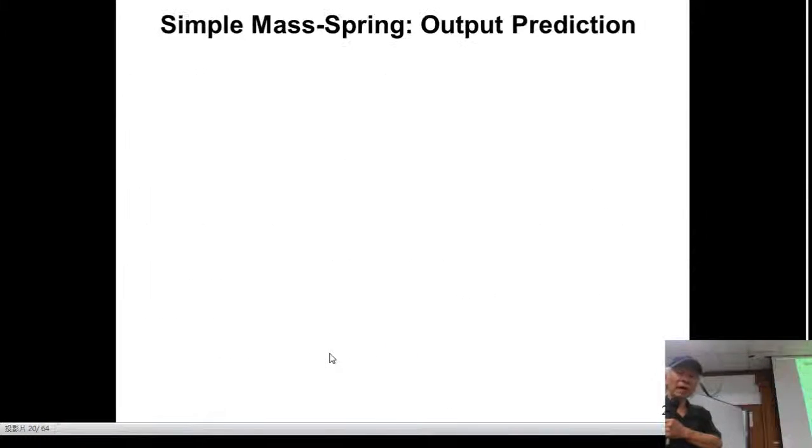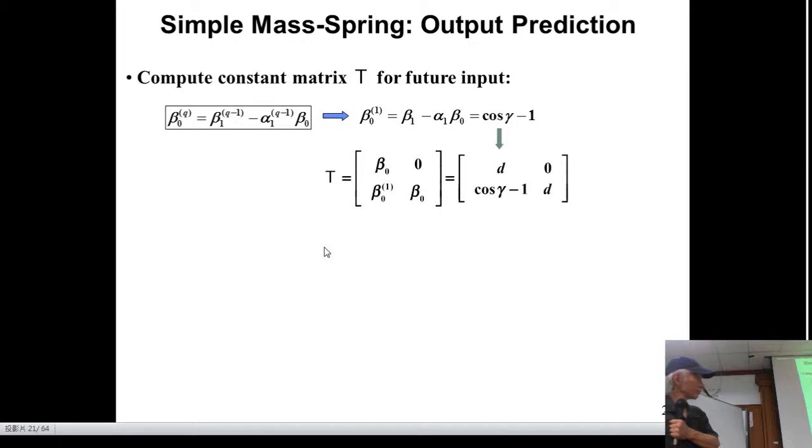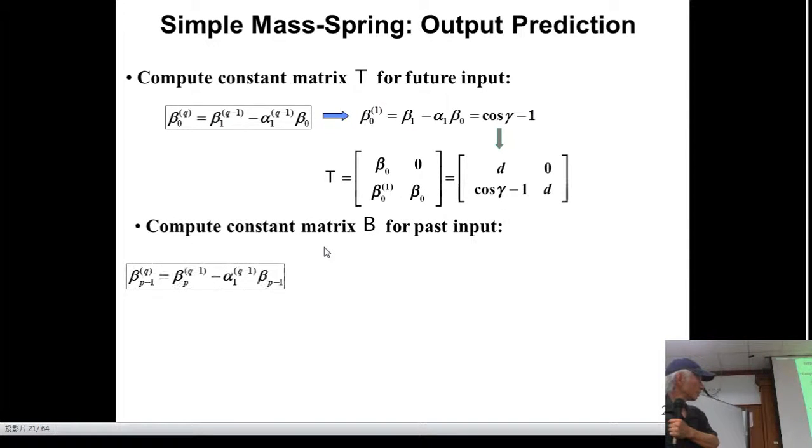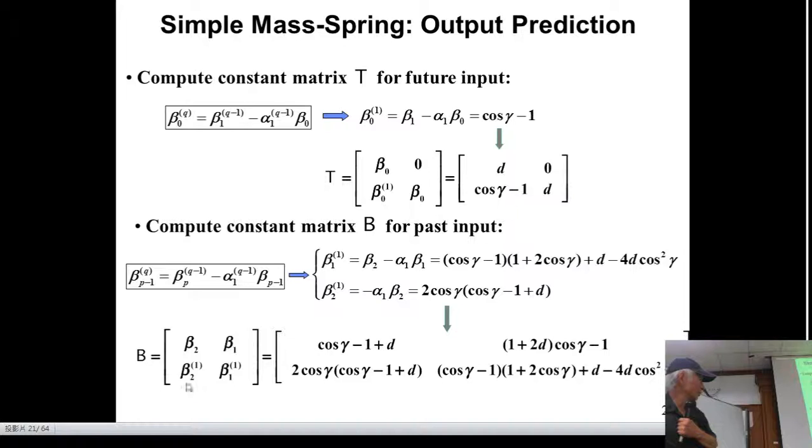After you solve alpha and beta, you can use a formula like this to get the T matrix, and a formula like this to get your B matrix. Of course, if you solve from the data, each of these will be a number. Just follow this formula.